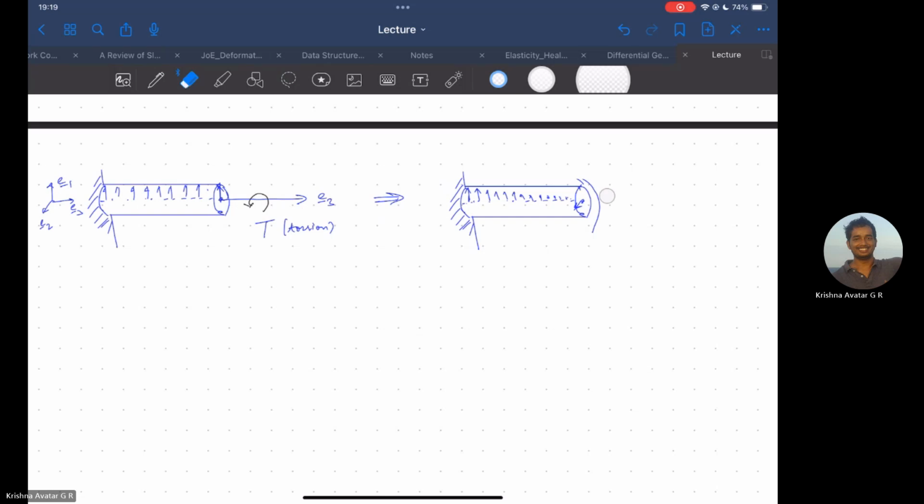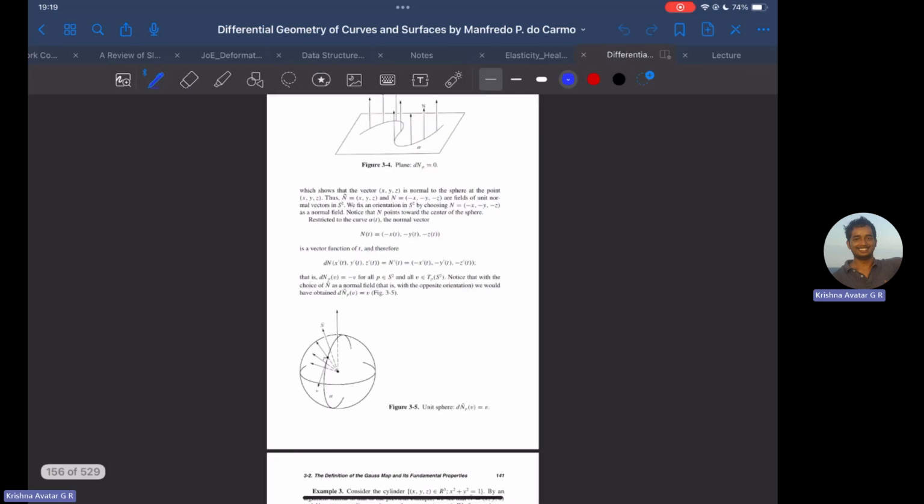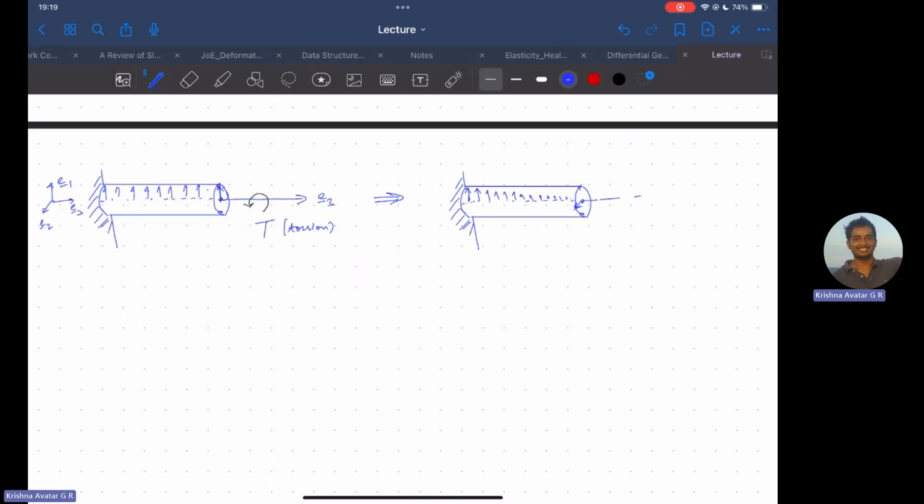Of course, I made it very drastic. Let's not be as drastic here. This is just to show that it's rotating such that it will be like this here now.